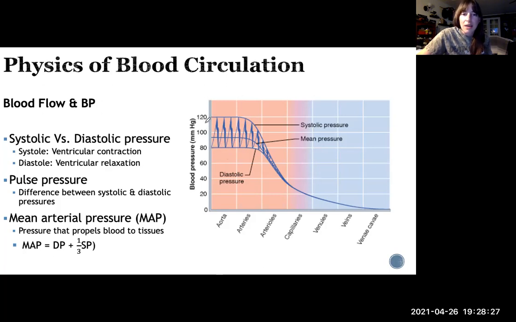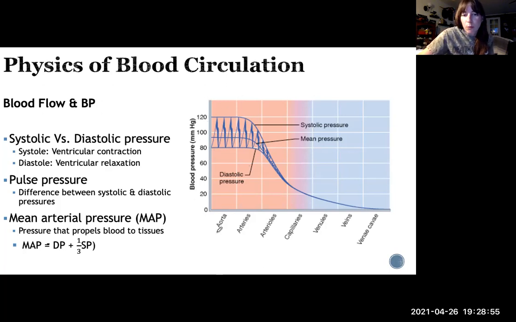So 120 millimeters of mercury at systolic pressure, at the highest pressure, and 80 millimeters of mercury for the diastolic pressure when the ventricles are relaxing, leading to a mean arterial pressure, a MAP, of about 95.